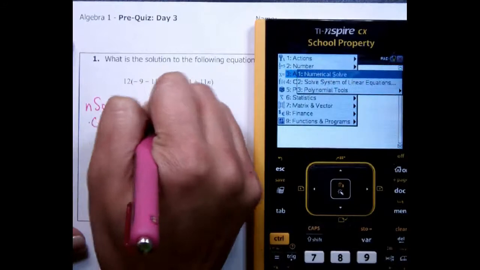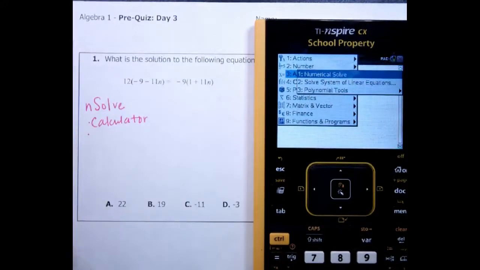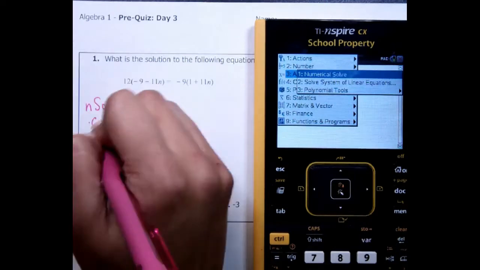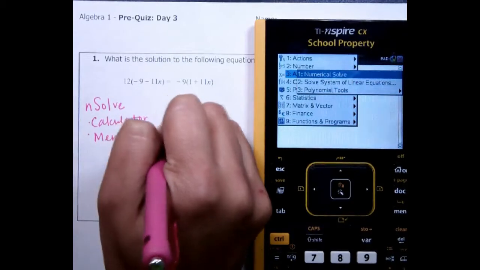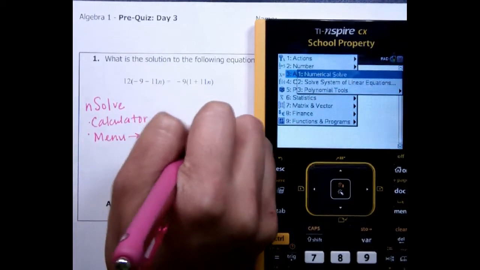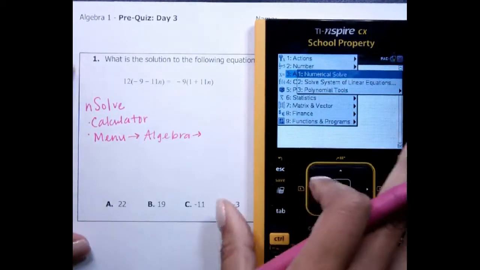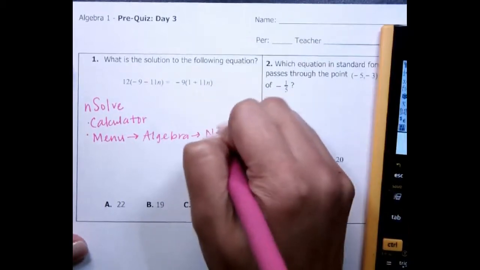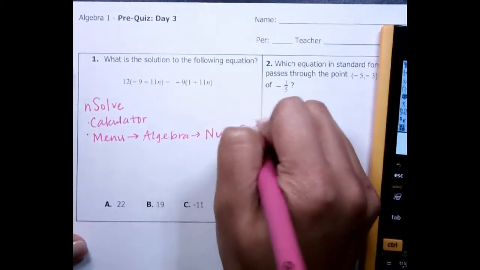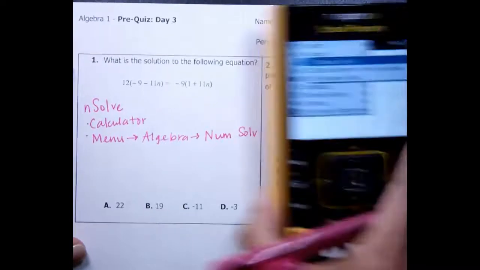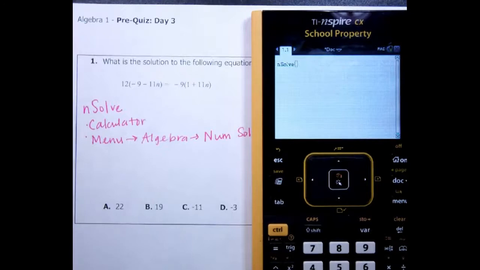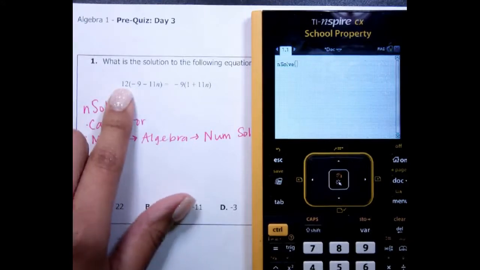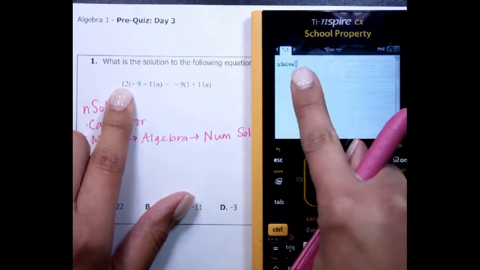Okay, so you add a calculator, and then you go to menu, algebra, numerical solve.